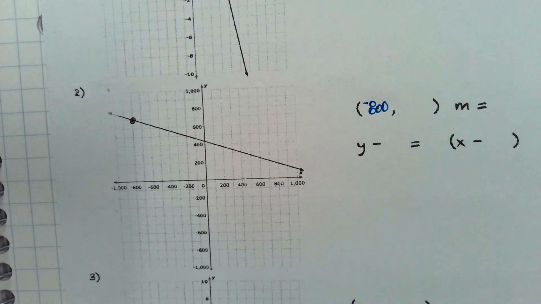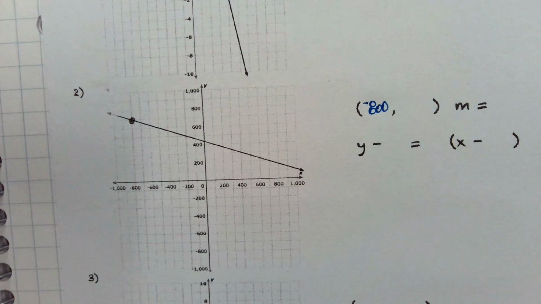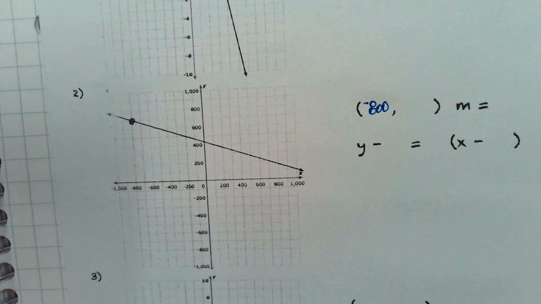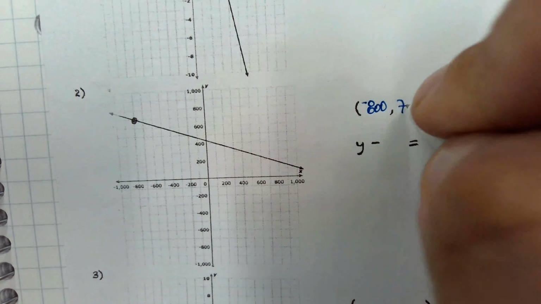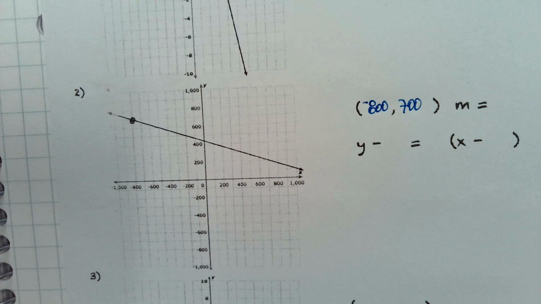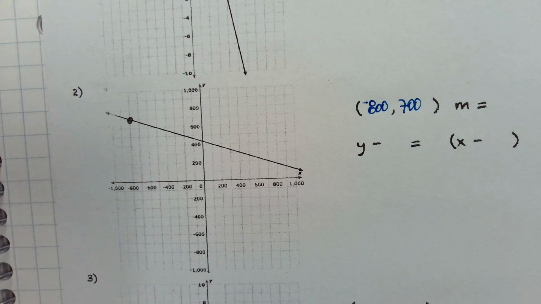It says y negative and x negative, but one is negative, one is positive. Yeah, we'll get there. Okay. All right, guys. 700. And 700. Positive 700. Okay. So let's just put in the points and the slope.